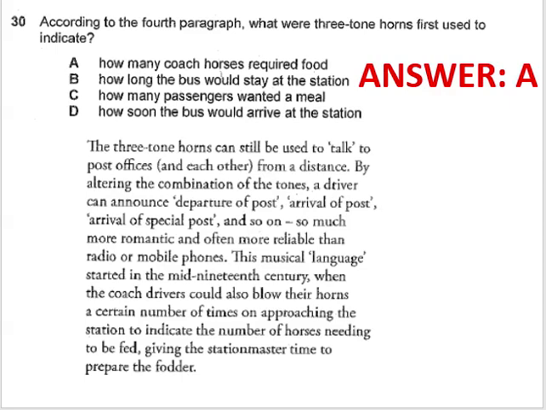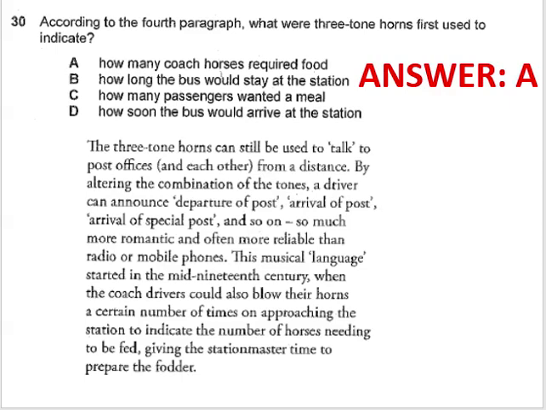And the musical language started in the mid 19th century, when the coach drivers would also blow their horns a certain number of times on approaching the station to indicate the number of horses needed to be fed. So giving the station master time to prepare the fodder. So they were also used as warning signals that the horses need to be fed. So that's a feeding signal for the horses.